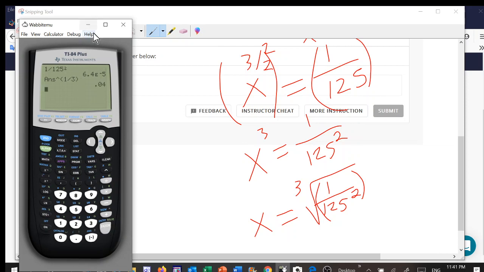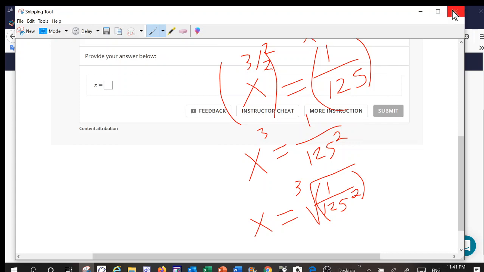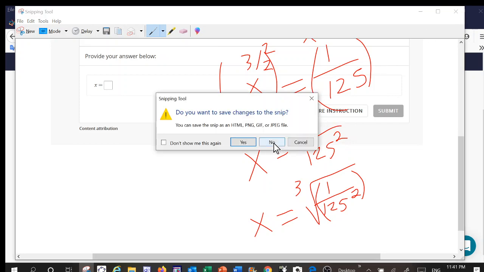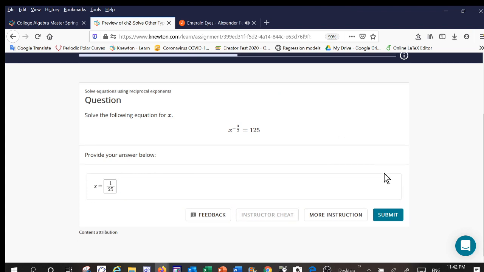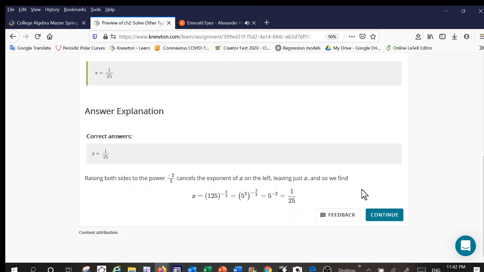So it's 0.04. So 0.04 is 1 over 25, right? So that's a way to do these.